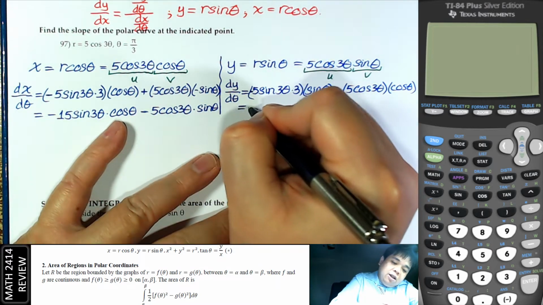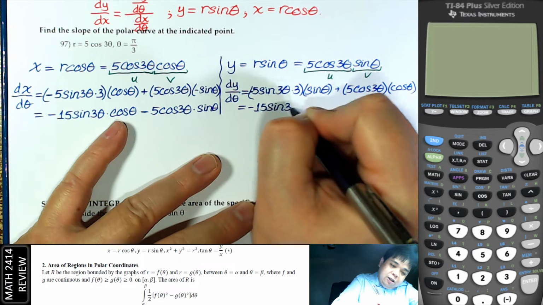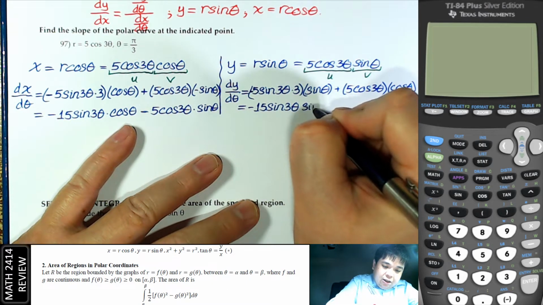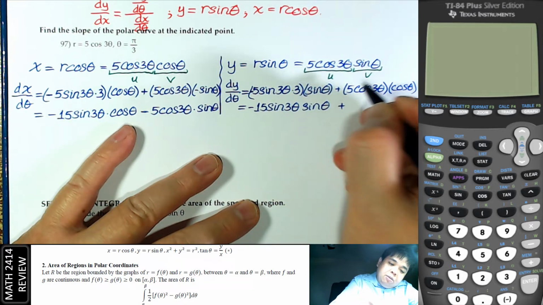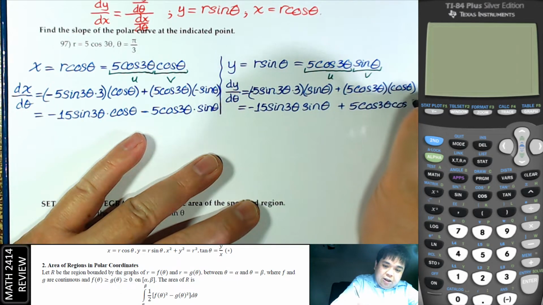Alright, so that gives us negative 15 sine 3 theta sine theta plus 5 cosine 3 theta cosine theta.